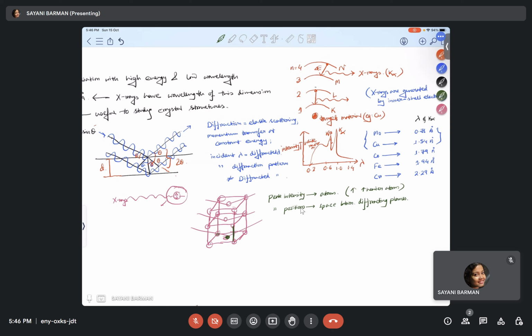Okay, so how does an X-ray tube work? That you should know. I'll just draw one schematic. So this one is the schematic.